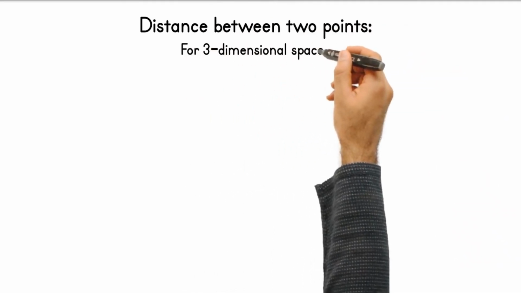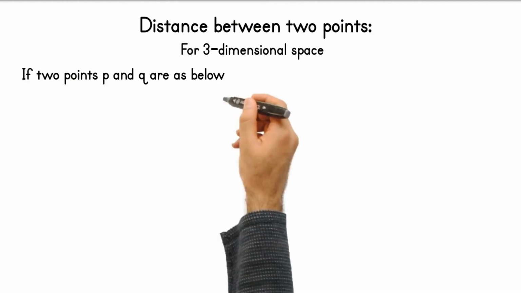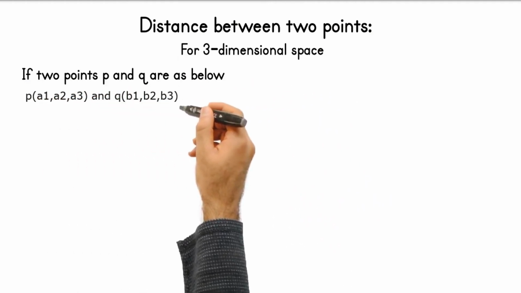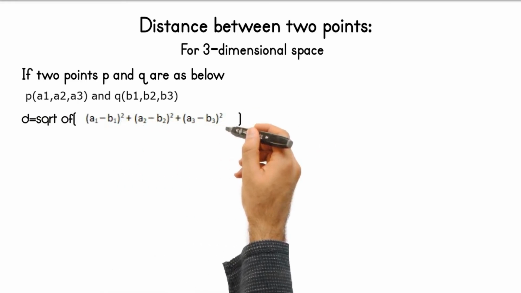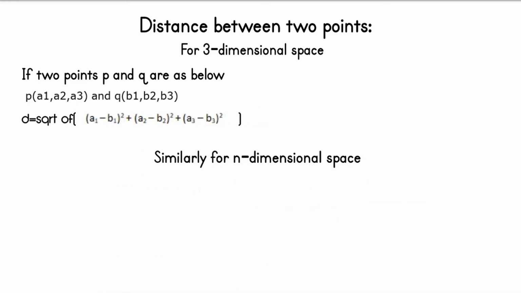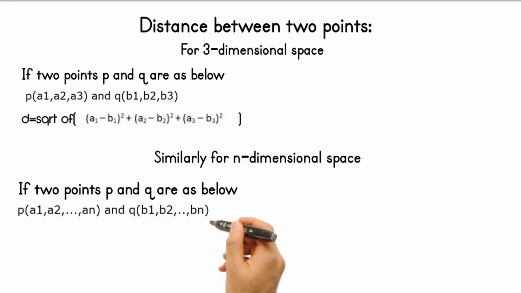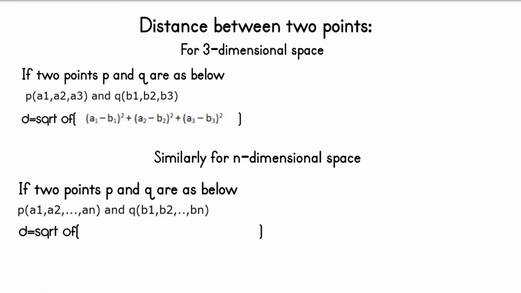Similarly in 3D, if we have 2 points P as A1, A2, A3 and Q as B1, B2, B3, and the distance between P and Q is D, I can simply write D equal to square root of (A1 minus B1) square plus (A2 minus B2) square plus (A3 minus B3) square. This again we can prove using the Pythagoras theorem.